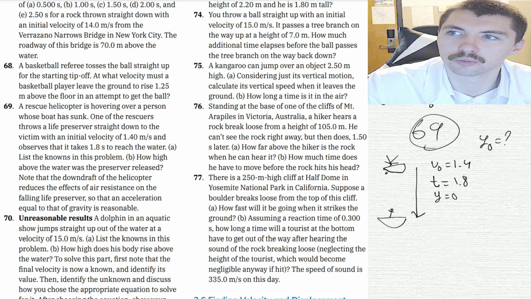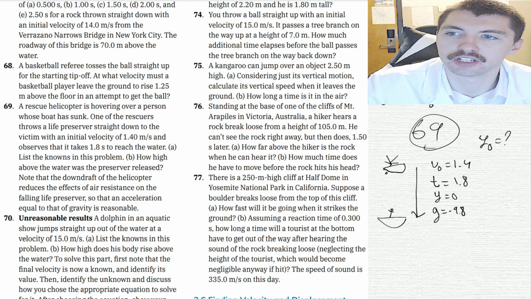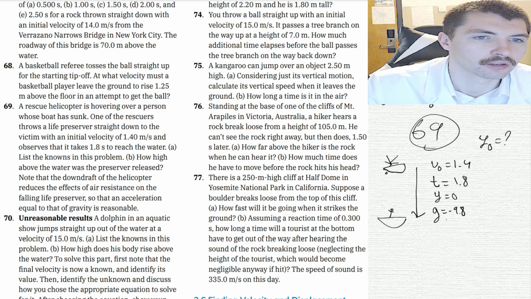So this is our y naught. But y will be 0. And a is negative 9.8, or I could say g. Okay. Is that all we know? I think that's all we know.